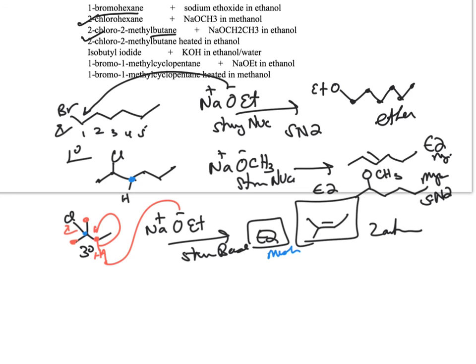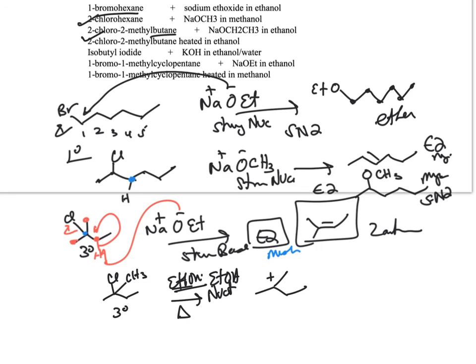Okay, we're on the next one. 2-chloro-2-methylbutane, heated in ethanol. Okay, so this is carbocation stabilizing, because you've got a weak nucleophile. You don't have basic conditions anymore, so you're going to get your carbocation.